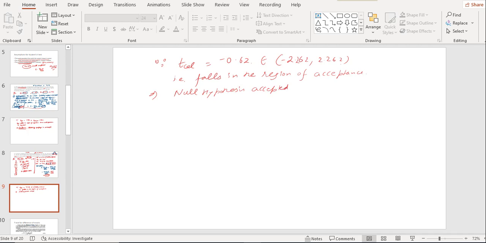So what can we conclude from here? It means that this sample has been drawn from the population with mean IQ 100. Okay, so this is the solution of this problem. Okay, so this is the first part of the question.